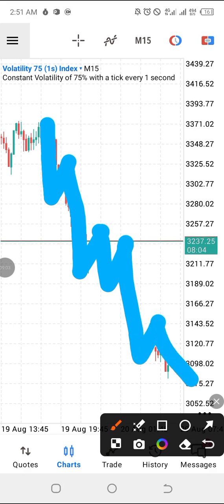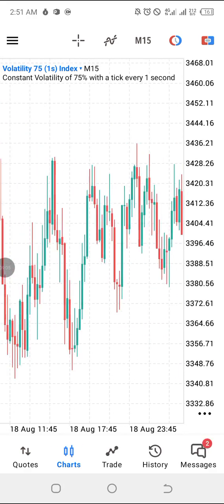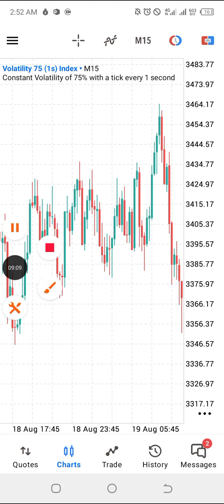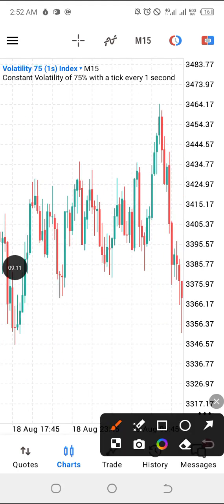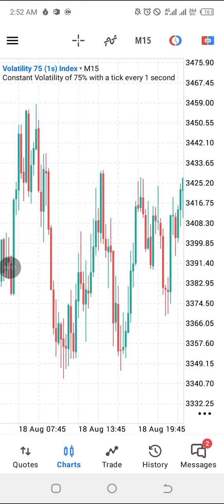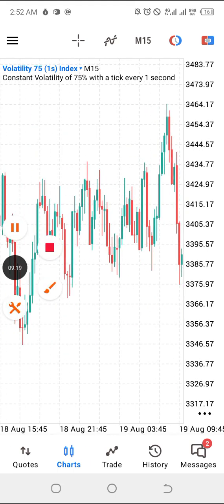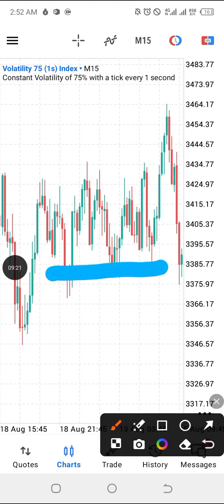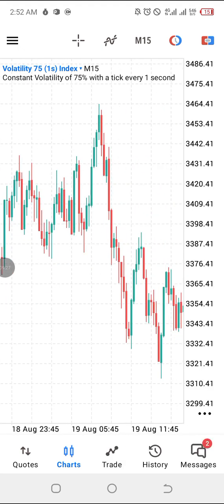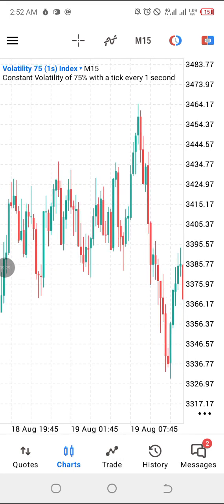Then this one is obvious, ranging market, as you can see. It went up, came down, went up, came down. Let me get horizontal line.